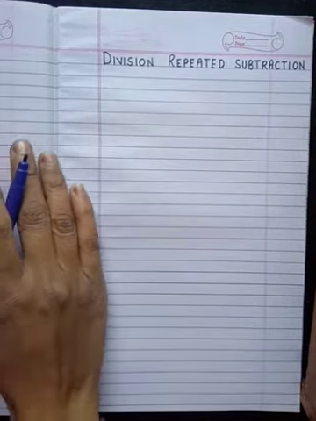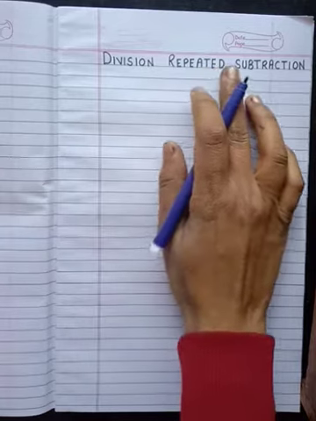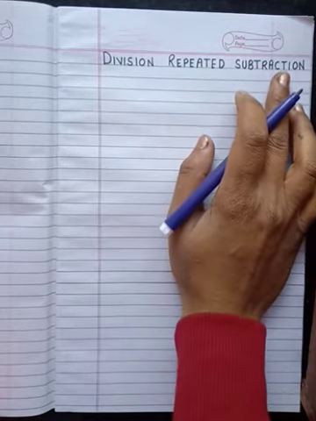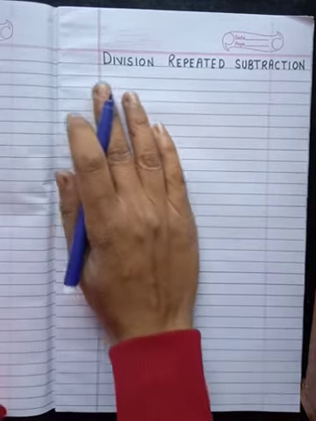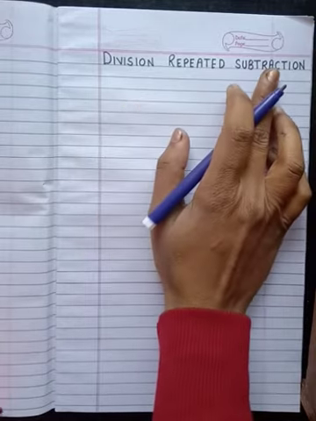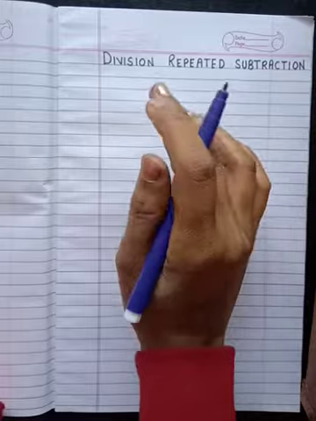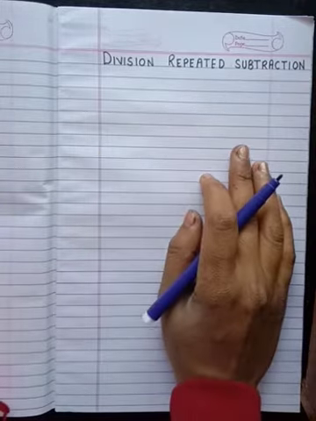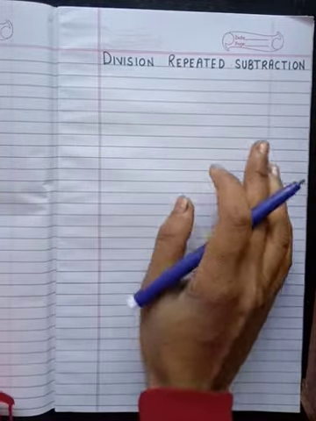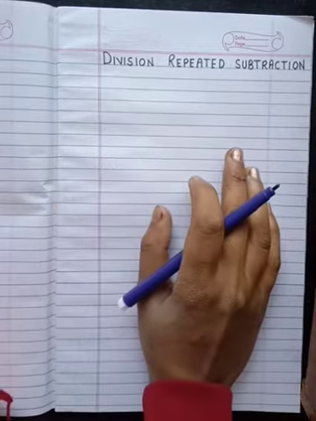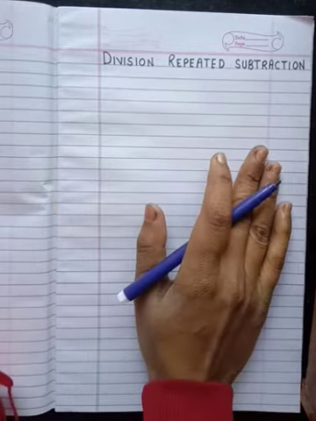Okay, students, as I told you that division is repeated subtraction. What basically I mean to say is that if we are going to divide the divisor from the dividend, how will we solve? Let's see.